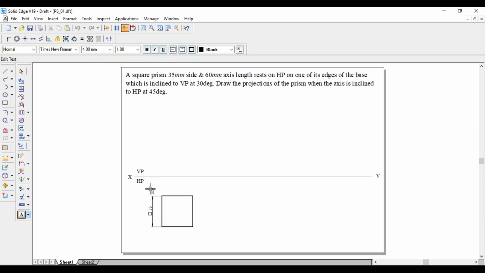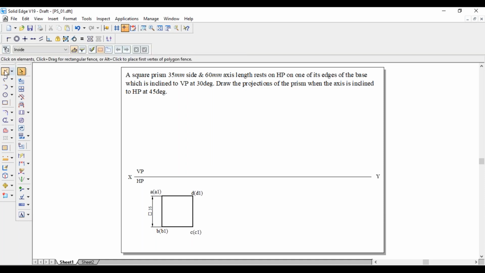So this is A in the bracket A1, B in the bracket B1, C in the bracket C1, D in the bracket D1. This one is C in the bracket C1.